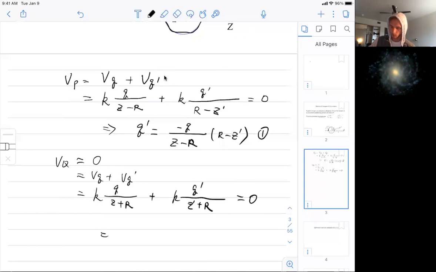So I got another equation: Q prime is negative Q over z plus R, plus z prime. So that's the second equation.